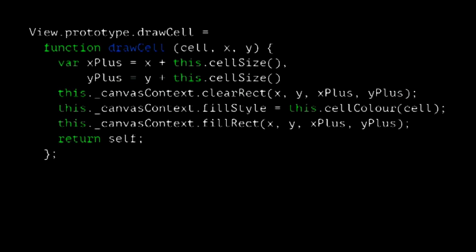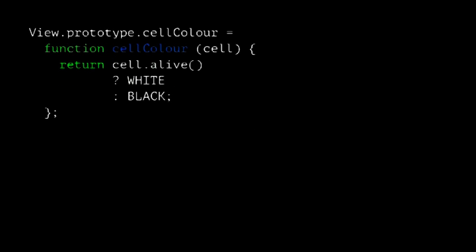It's probably a terrible way to do this with a canvas, but the thing that's most interesting here is that it has a bit of a helper function, cell color, which you'll see in a moment really shouldn't have this associated with it. I don't know who wrote this code. Because there's actually no state of the view involved in this, so that's a really bad idea. But moving right along, it's very simple. If the cell's alive, it will be drawn in white, and if the cell's dead, or not alive, I should say, it will be black.